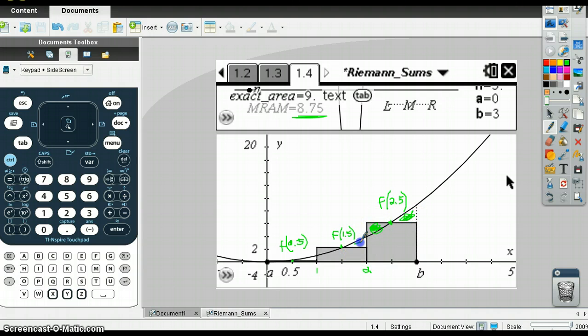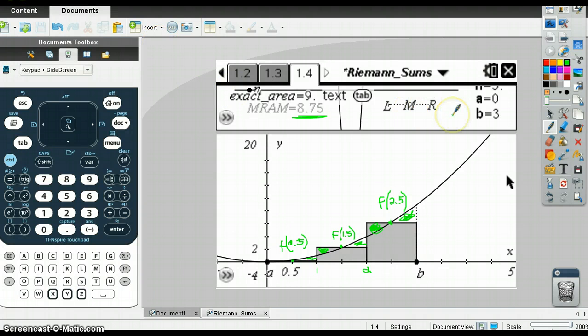So with our midpoint rectangle approximation, we get some over and under in the same rectangles, which sort of end up helping offset each other. So our midpoints are going to be a lot closer, because within the same rectangle you've got some equaling out of the over and under.